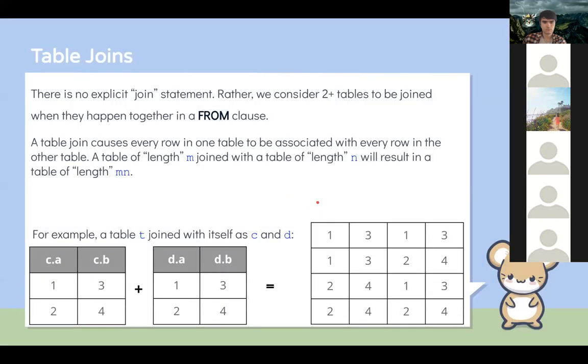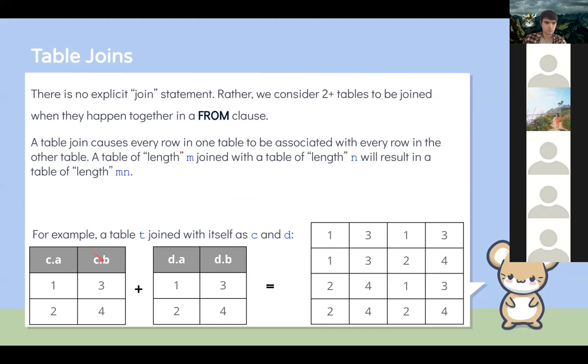Again, just to reiterate, there is no explicit join statement; rather we consider 2+ tables to be joined when they happen together in a from clause. A table join causes every row in one table to be associated with every row in the other table. For example, a table of length m joined with a table of length n will result in a table of length m times n.